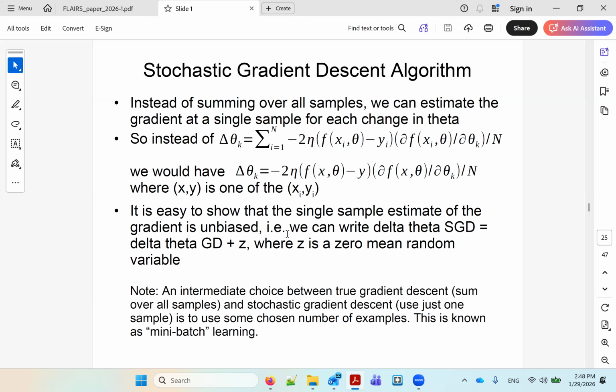So on average, it's the right thing. It's just that in detail, it might be the exact wrong thing, at least some fraction of the time. So we've gone from something that's going to do a clean step to something that's going to do who knows exactly what. But on average, the steps will be correct. So we might still get to a good answer.